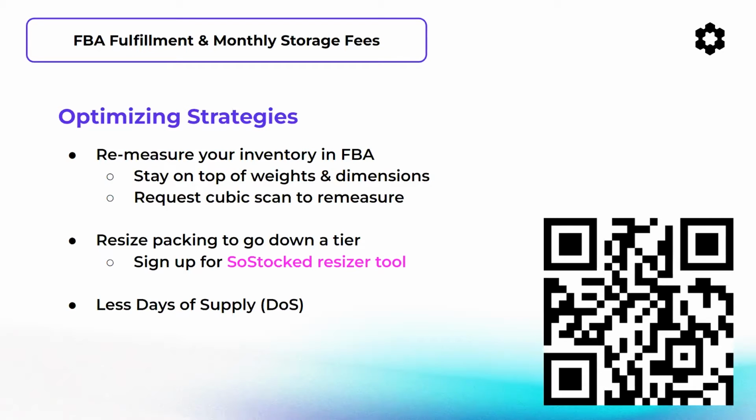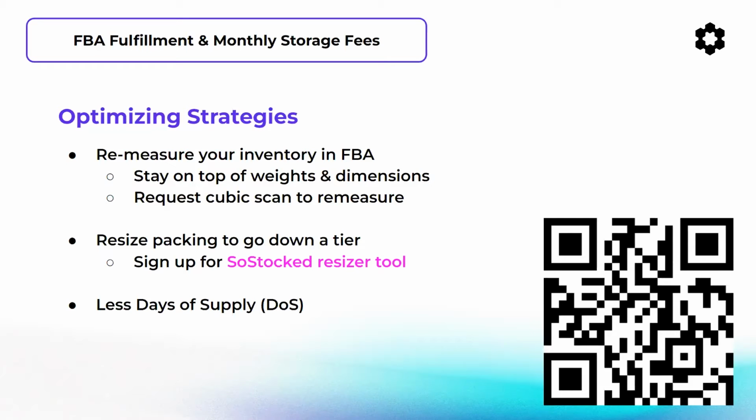But if you want to do it one by one, that's the tool. And that will tell you how many inches you need to cut your packaging to go down a tier. So sometimes it's not even something dramatic. It's just half an inch, and probably you're able to squeeze it somewhere. It doesn't need to be in the same dimension, it could be in any of the 3 dimensions.